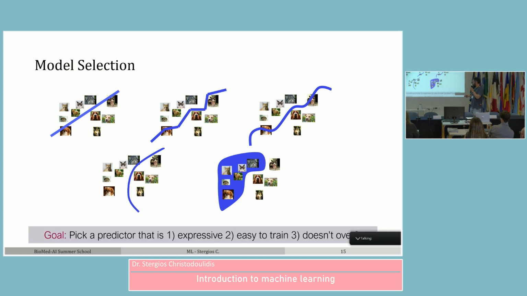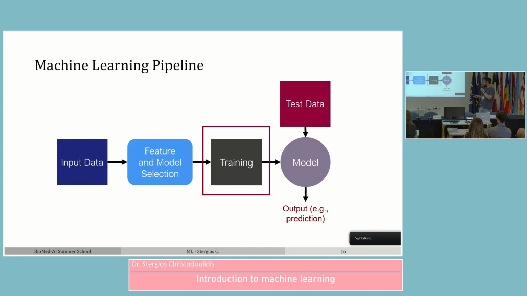So eventually, since you have a number of data, you have a way to represent them in a compressed way, let's say. Then you have to identify which model is appropriate for your use case. And then after selecting the model, you can move on to the training process.